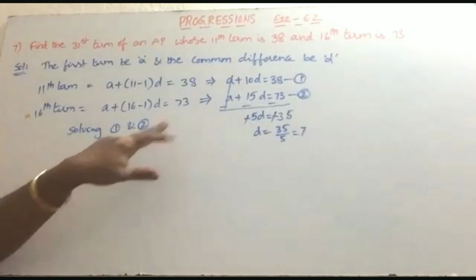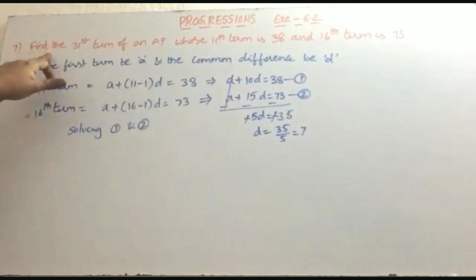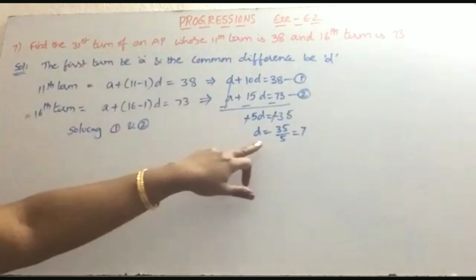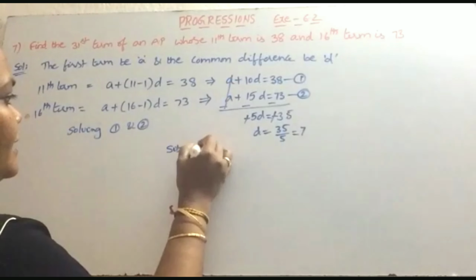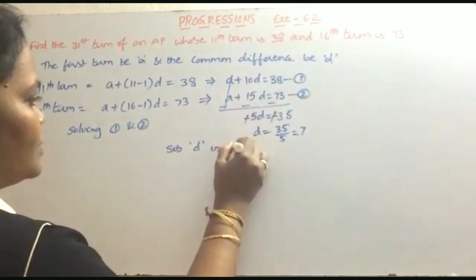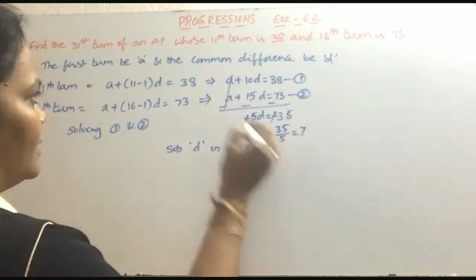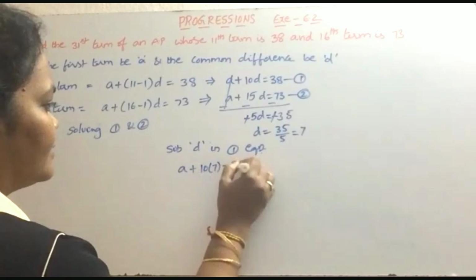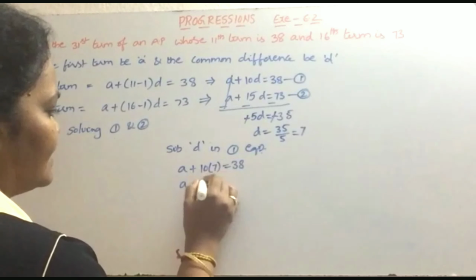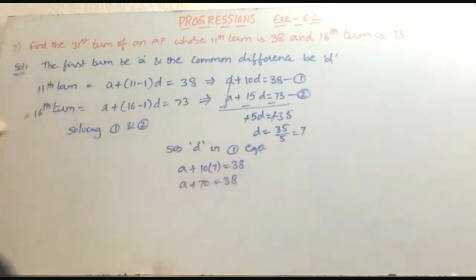And next, find the 31st term. Now we will find the value of A. Substitute D in the first equation. Then A plus 10 into 7 equal to 38. So A plus 70 equal to 38.